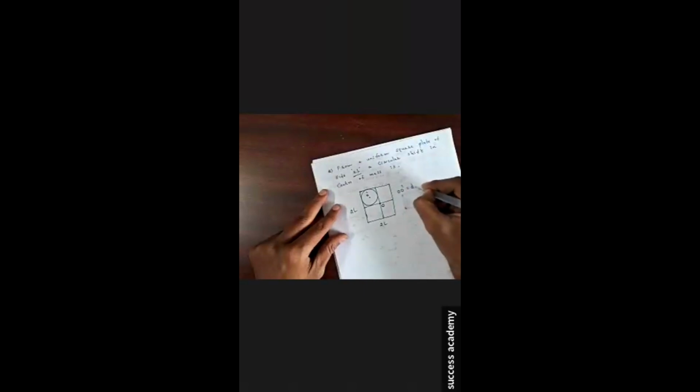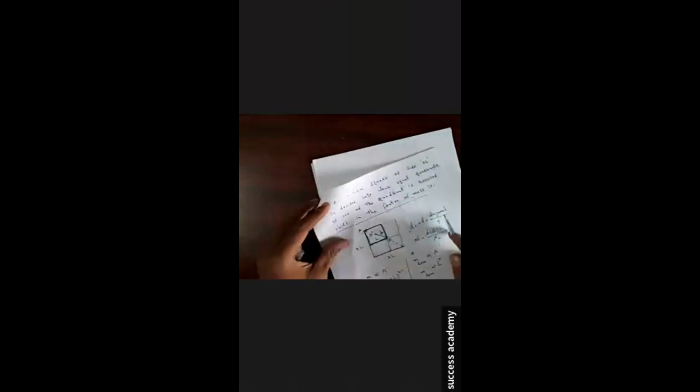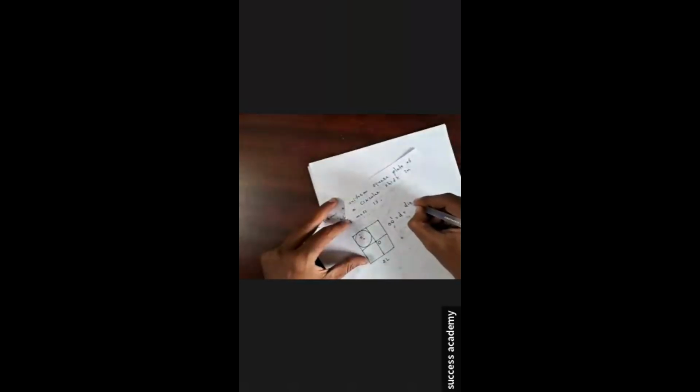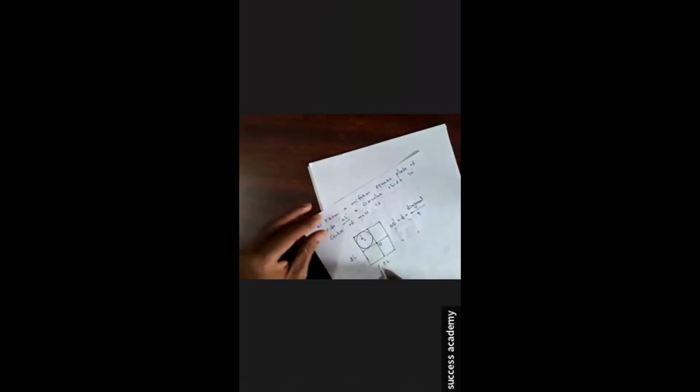O O dash is equal to small d. Previously we calculated the value of O O dash. It is nothing but diagonal by 4, same as before, and the side is also the same as the previous problem. Then d is equal to what's the diagonal here?